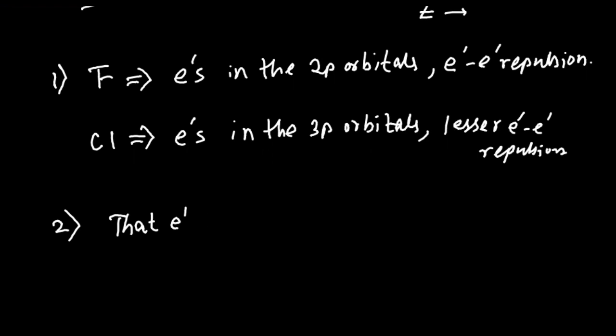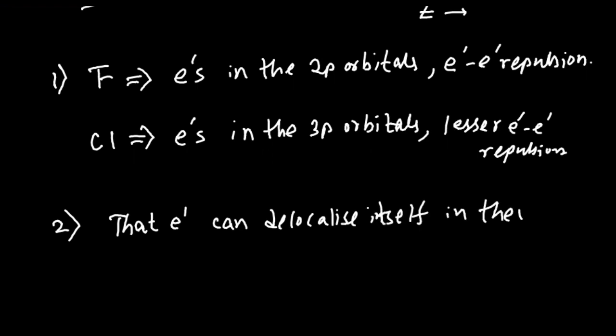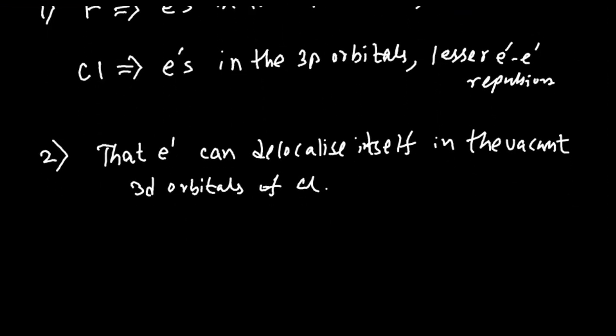It can delocalize itself in the vacant 3d orbitals of chlorine. But this sort of delocalization is not possible for fluorine because fluorine does not have any 2d orbital. Okay, 2d does not exist.